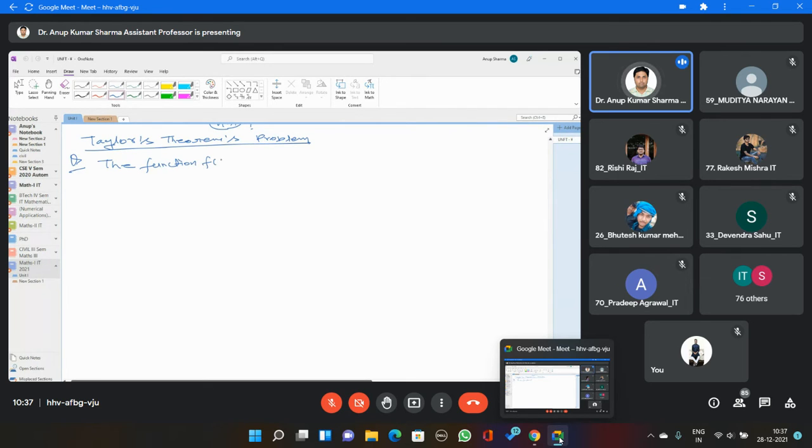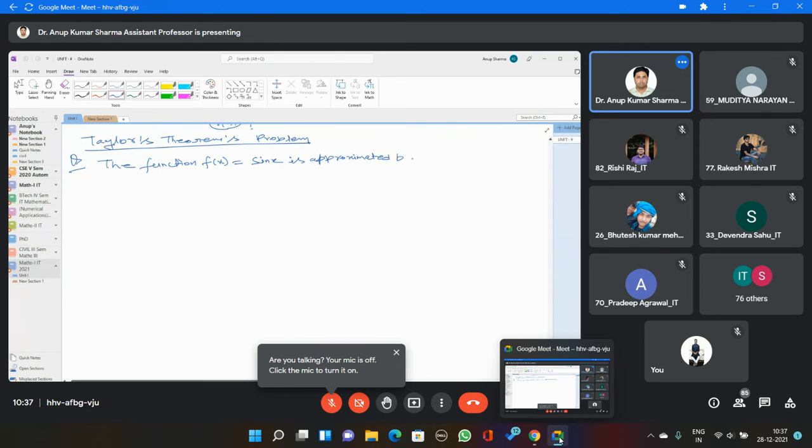The function f(x) is equal to sin x is approximated by Taylor's polynomial.